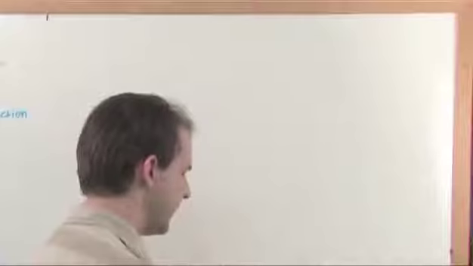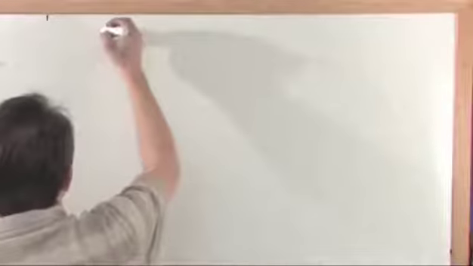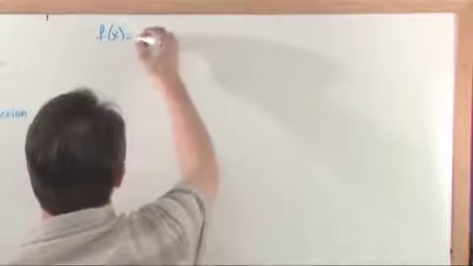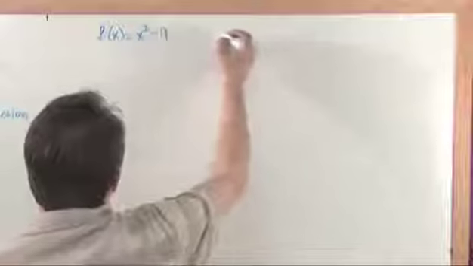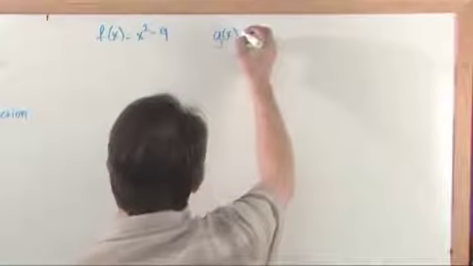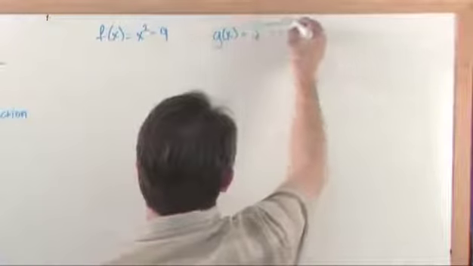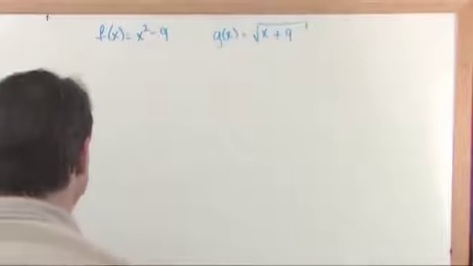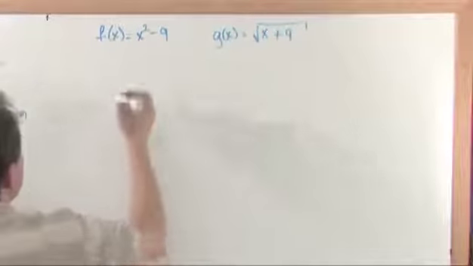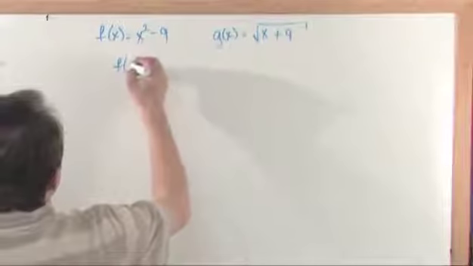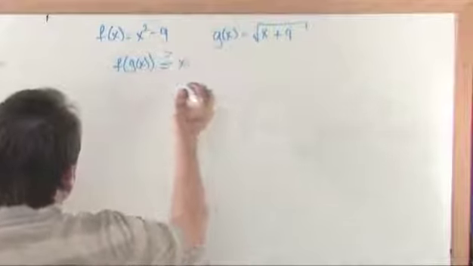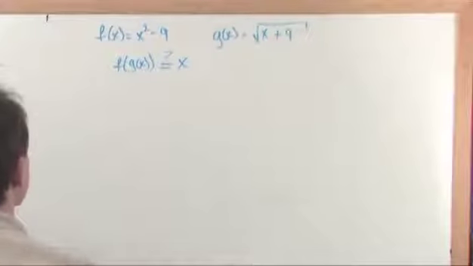So let's do another problem like that. If I had f of x equal to x squared minus 9, and g of x equal to the square root of x plus 9, the question is, are these two functions inverses? So all I have to do is look at f of g of x and see, is it equal to x after I simplify everything?